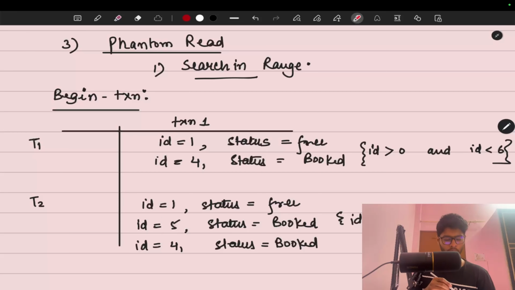At time T2, transaction T1 again makes a read call to the database. It will get 3 rows. Previously it was getting 2 rows, this time it gets 3 rows. The phantom read problem says that however many times you run a range query, previously if you got 2 rows, this time also you should get 2 rows, but you are getting 3 rows, and now you have reached the problem of phantom read.